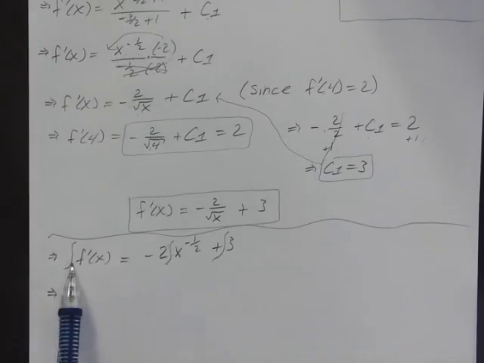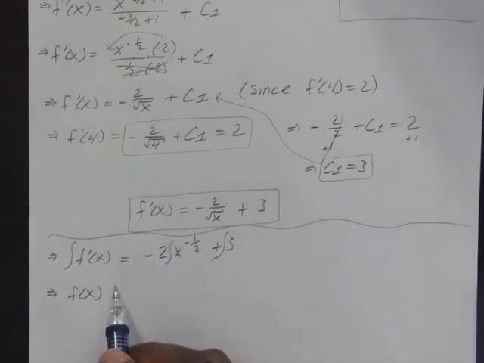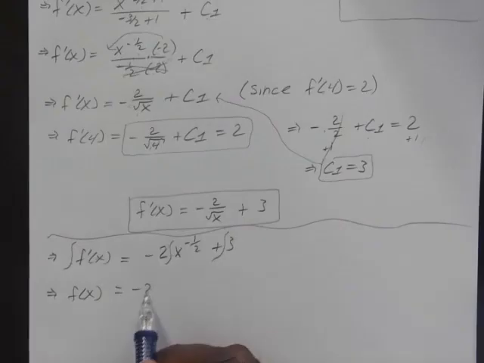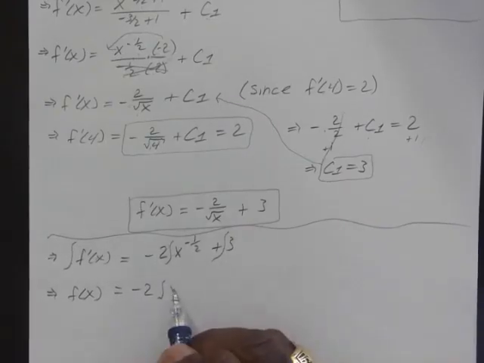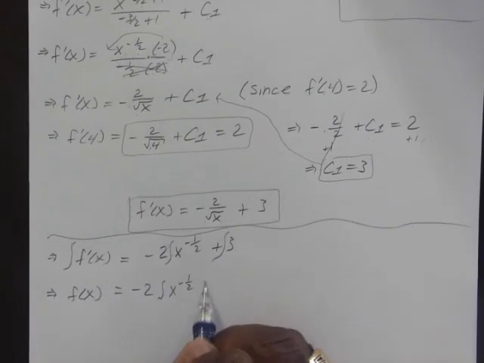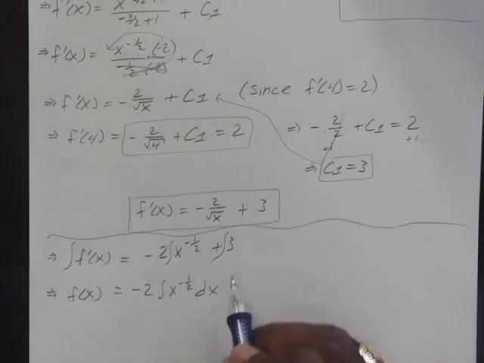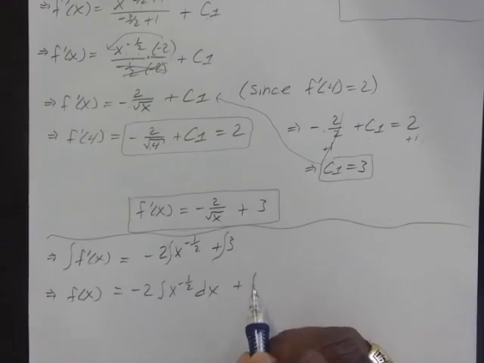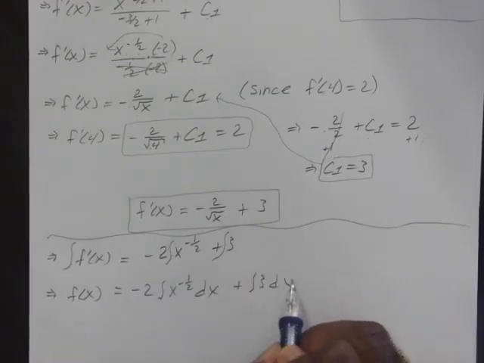The antiderivative of the derivative in this case is just the function f of x. It is equal to -2 times the antiderivative of x to the -1/2 with respect to x plus the antiderivative of 3 with respect to x.